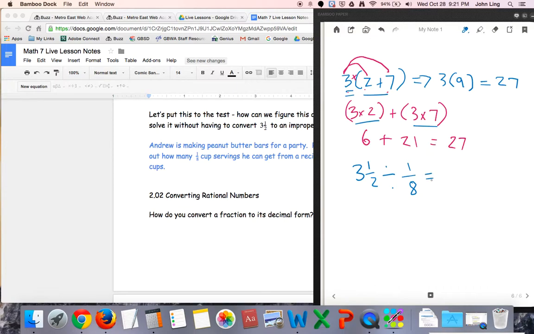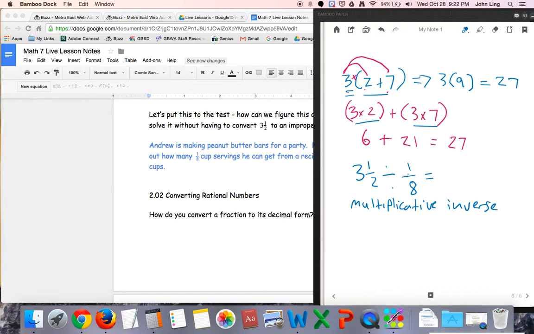Now, normally, I would tell you, well, we can set this up differently, right? If we're going to divide by 1/8, first we can use that multiplicative inverse property. I'll write it right there: multiplicative inverse, okay?